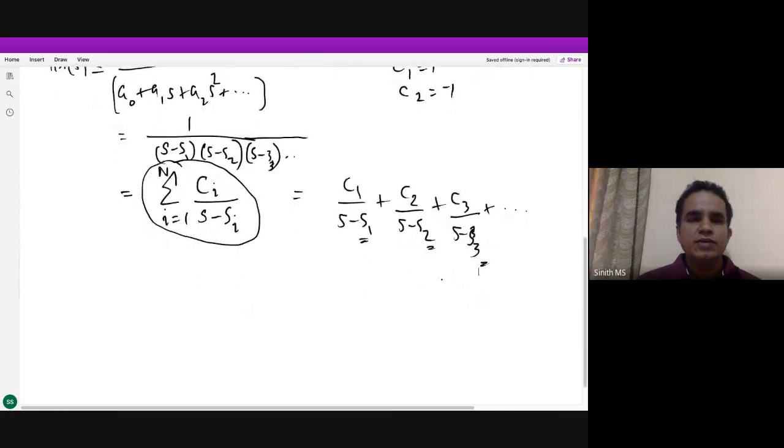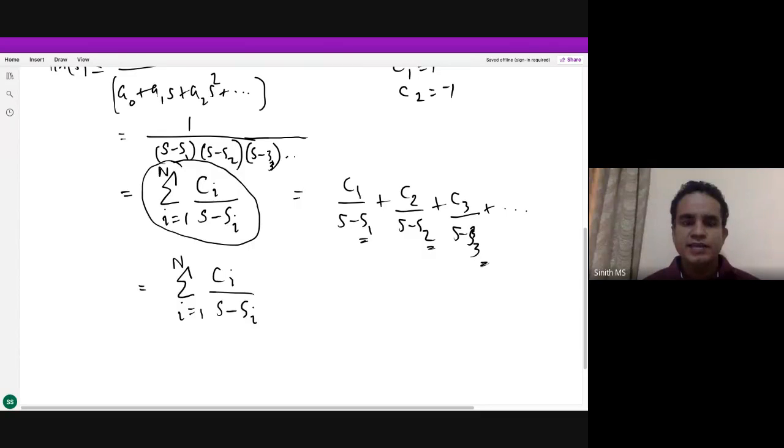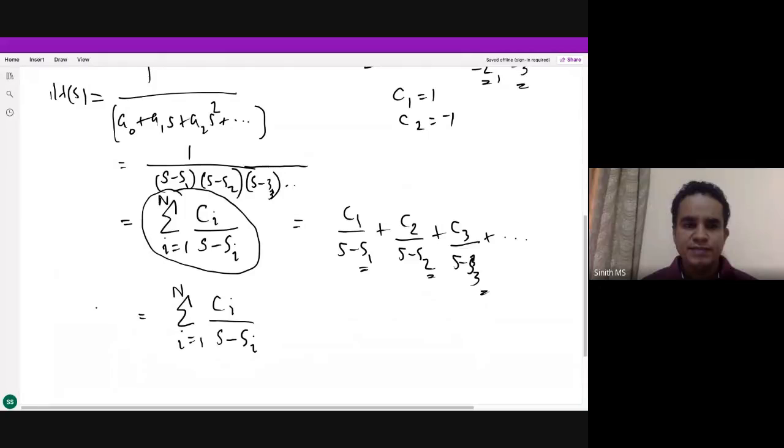Okay, so if this is the case, sigma i equal to 1 to n, Ci by s minus si can be the general form of the transfer function H(s).